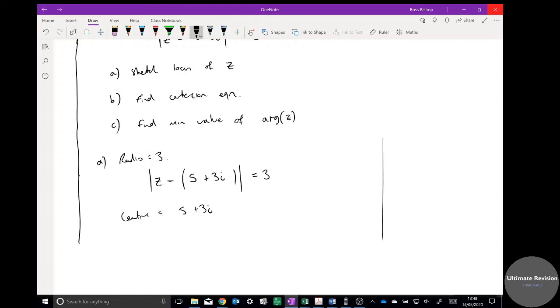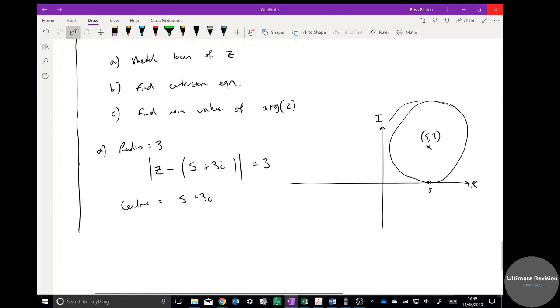So on the Argand diagram here, imaginary, real, 5, 3, so it's going to be like that, and it's going to have a circle radius 3. It will actually go back. Okay, so that's going to be the sketch on the Argand diagram.